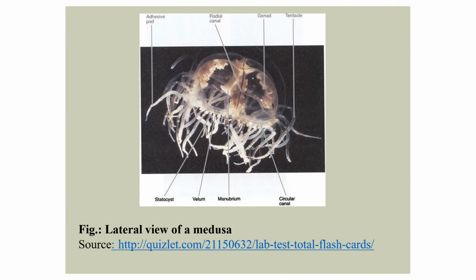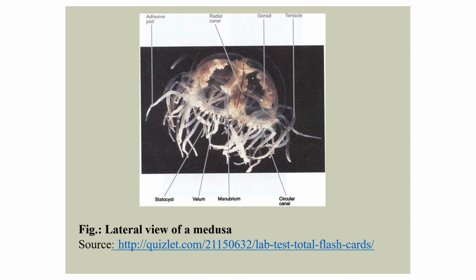So now, viewers, this is the clear diagram and the lateral view of a medusa. इससे पिछली वाली स्लाइड में आपको मैंने व्यू दिखाया था. अब ये है साइड से, लेटरल साइड से व्यू है मेड्यूसा का. It is very transparent and you can read the labeling, see the adhesive pad over here.